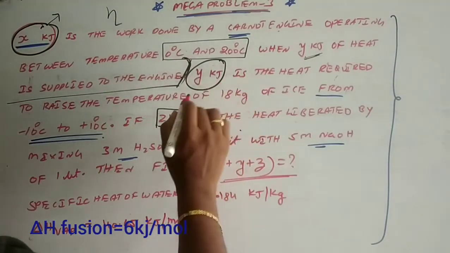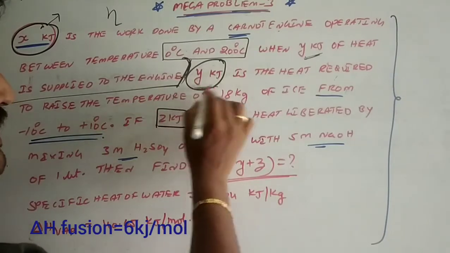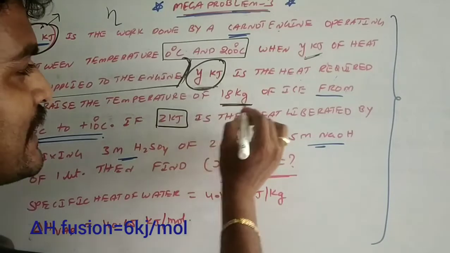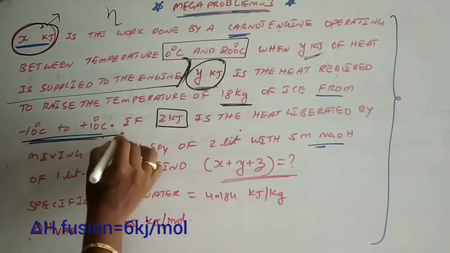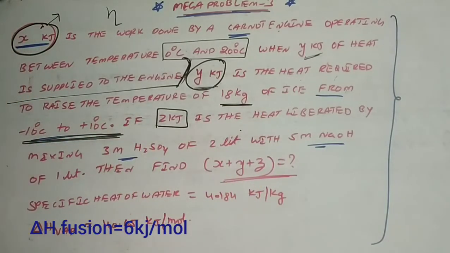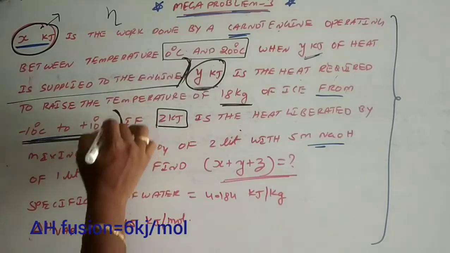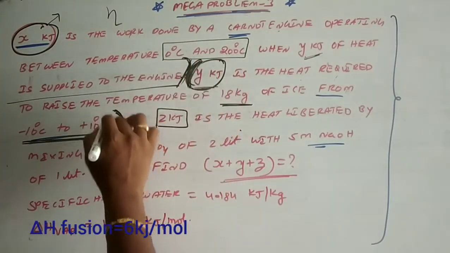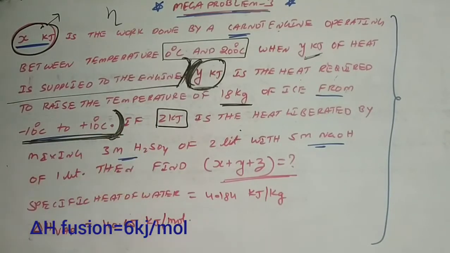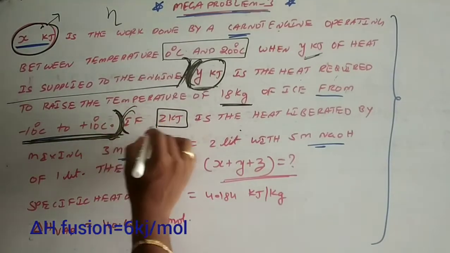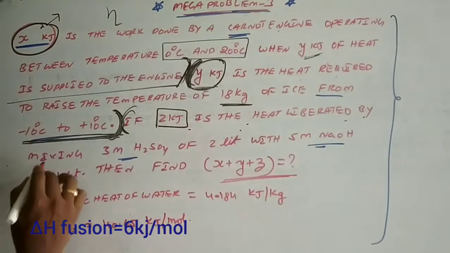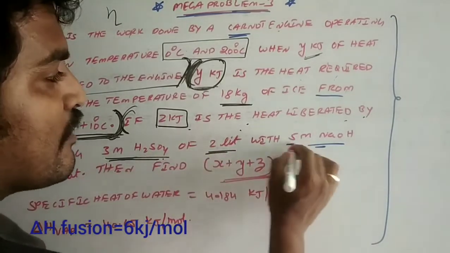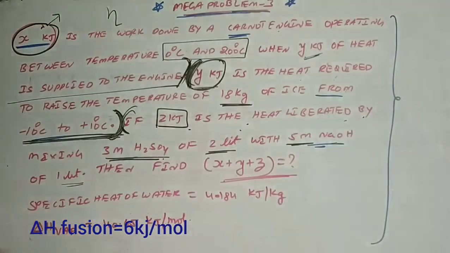Next, Y kilojoules is the heat required to raise the temperature of 18 kg of ice from minus 10 degrees centigrade to plus 10 degrees centigrade. This is one part, based on specific heat. And finally, Z kilojoules is the heat liberated by mixing 3 molar H2SO4 of 2 liters with 5 molar NaOH of 1 liter.